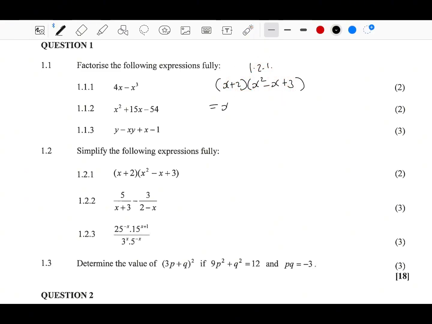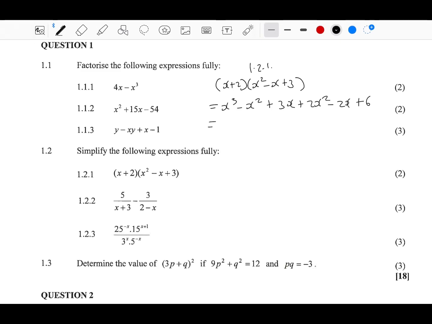So you have x times x squared is x cubed, and then x times negative x is negative x squared, and x times 3 is 3x. Now we go to 2 and say 2 times x squared is 2x squared, and then 2 times negative x is negative 2x, and 2 times 3 is positive 6.